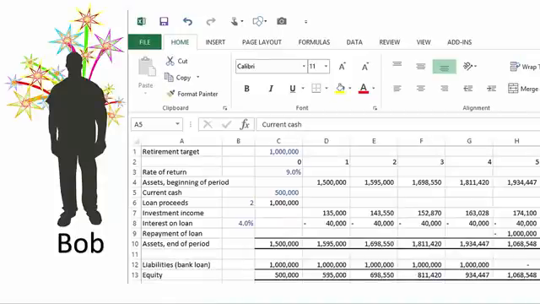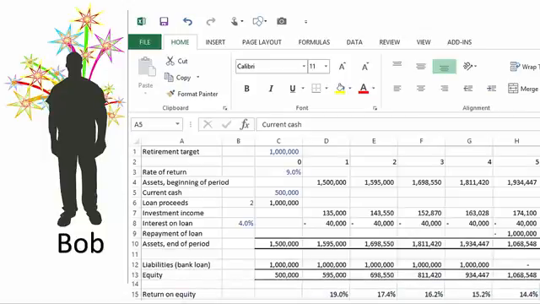Mission accomplished. In fact, using ratio analysis, we can now prove the effect leverage had on our returns by calculating return on equity, which is calculated as our net income divided by our shareholders' equity. As you can see, the ROE in the first year is 19%, 17%, and so on down the line.